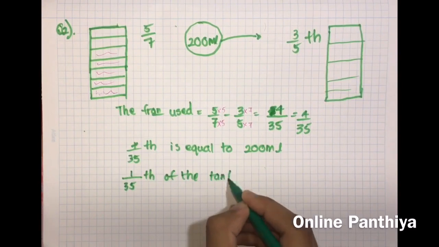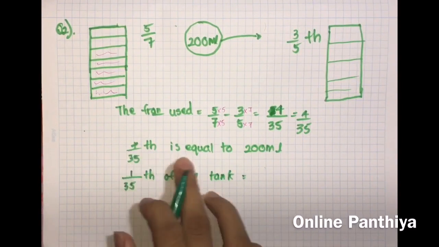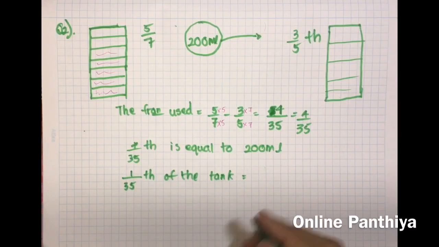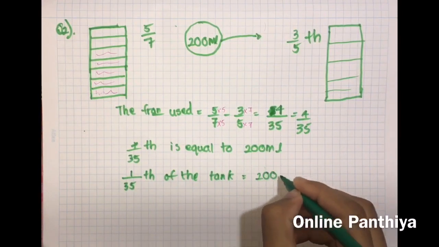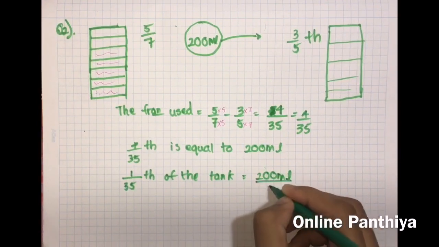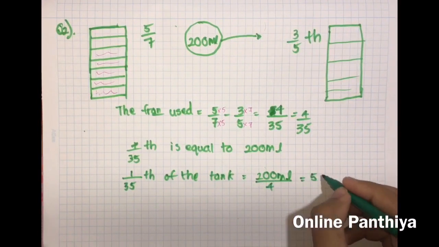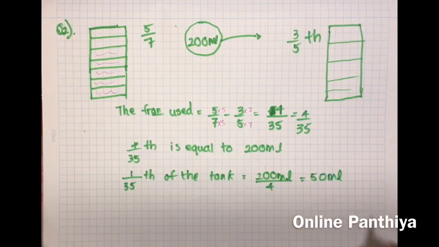Was that part clear? Okay. Since 4 parts is equal to 200 millimeters, let us find how much is 1 part. So what should you do? You have to divide 200 millimeters by 4. That is going to give you 50 millimeters. So 1 part is equal to 50 millimeters. Now how do you find the total capacity of the tank?